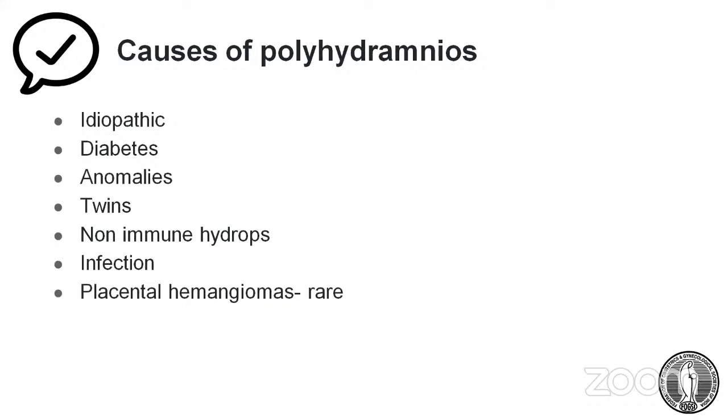Sir said that parvovirus infection is important, and placental angiomas, placental tumors. Although they are very rare, they are one of the causes of polyhydramnios.